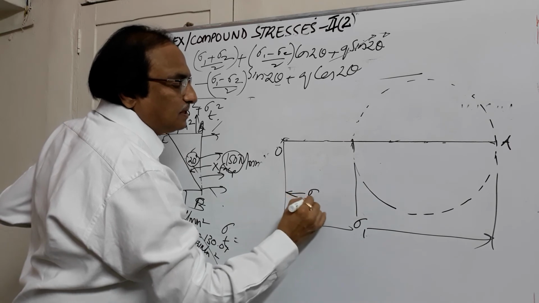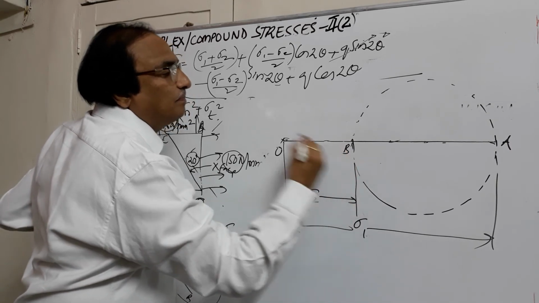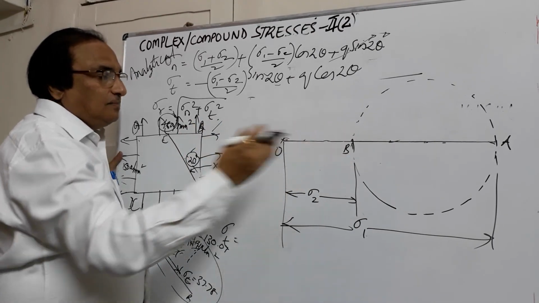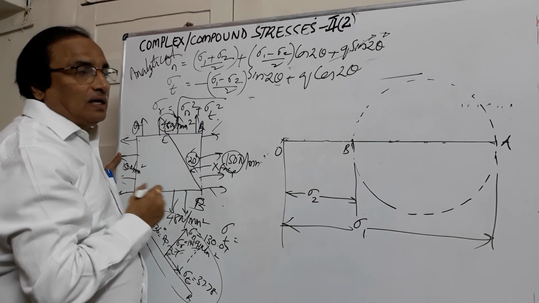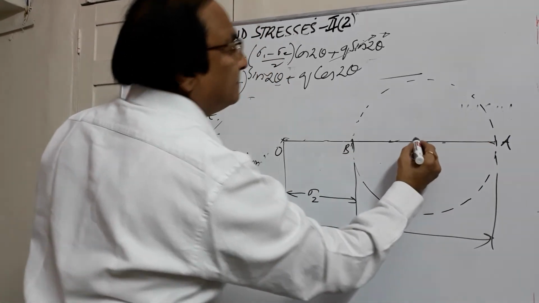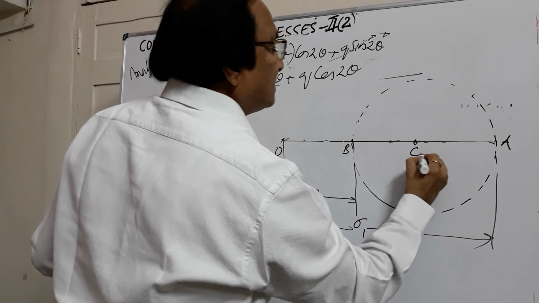This OB will represent the stress sigma 2. So we have represented OA and OB, both on the right hand side because both are tensile in nature. Now with AB as a diameter, mark the center C.